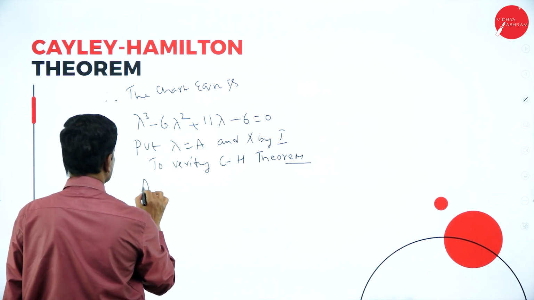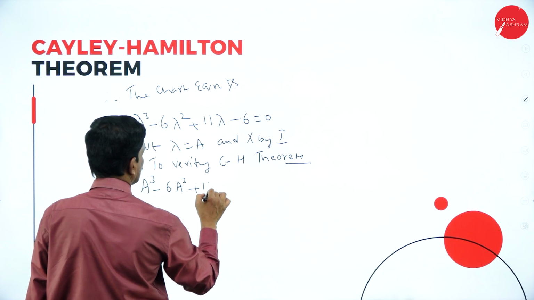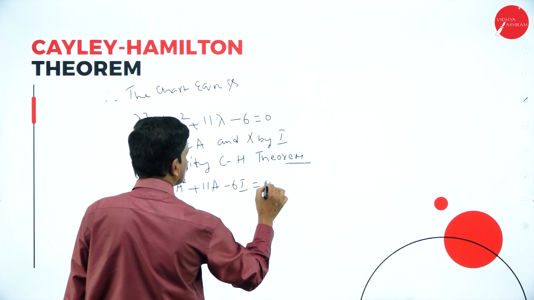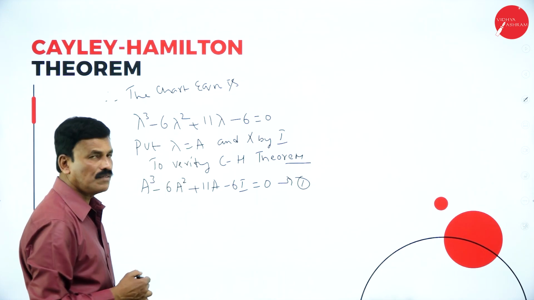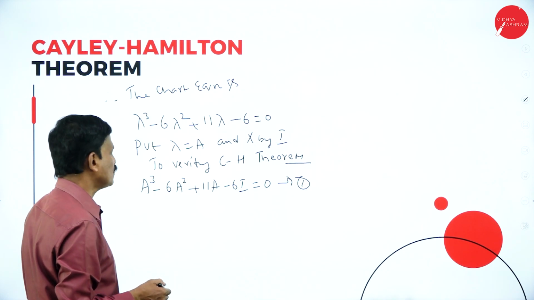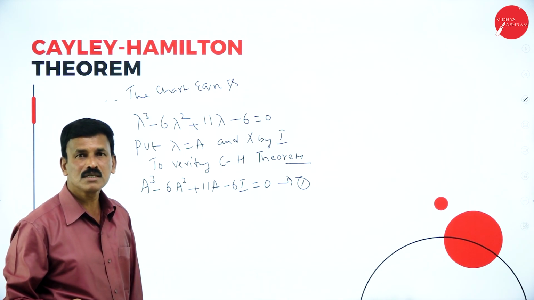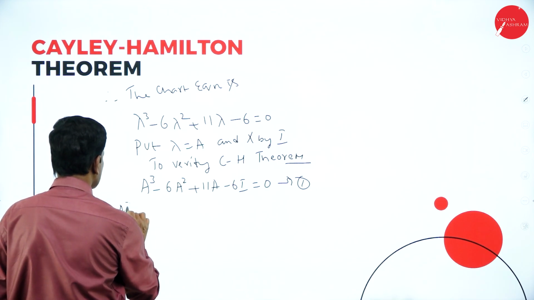Now this becomes A cube minus 6A square plus 11A minus 6I is equal to 0. Let us represent this as equation number 1. If A cube minus 6A square plus 11A minus 6I is equal to 0, then the Cayley-Hamilton theorem is verified. Now just find out the value of A cube, A square first.